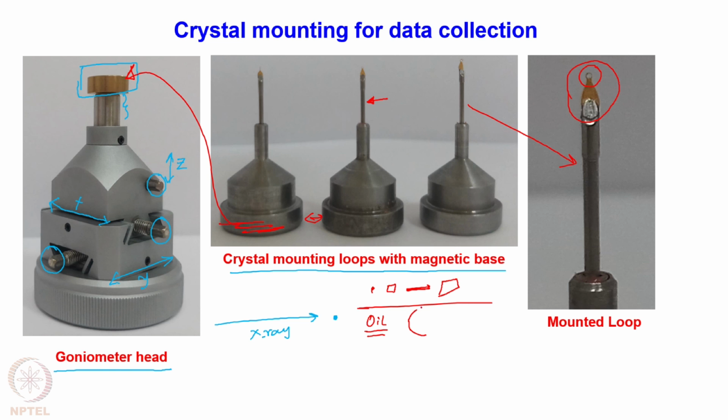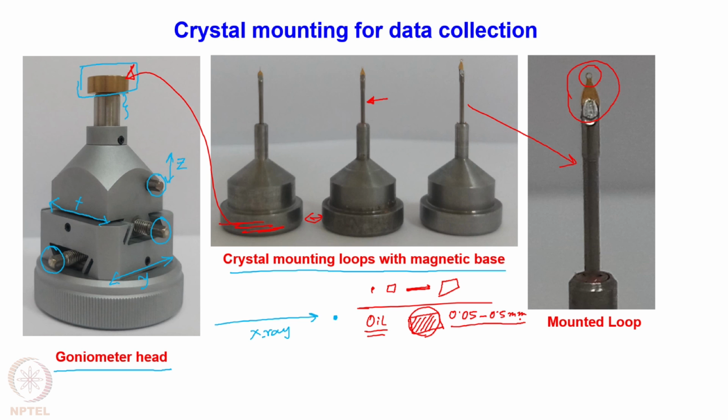So the loop is like this, and you choose a crystal suitable to the loop, or you choose a suitable loop for a particular crystal that we have got, and these loops are available of all the sizes from 0.05 to 0.5 mm in diameter. Using those, one can mount these crystals on the diffractometer.